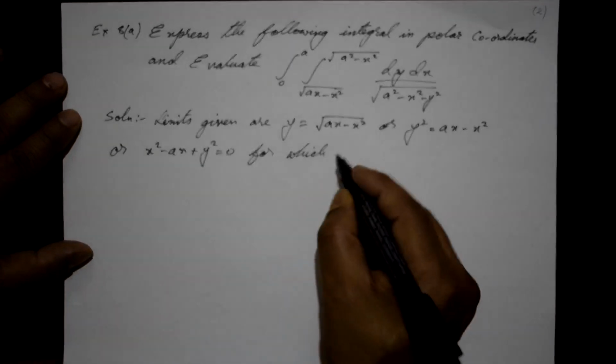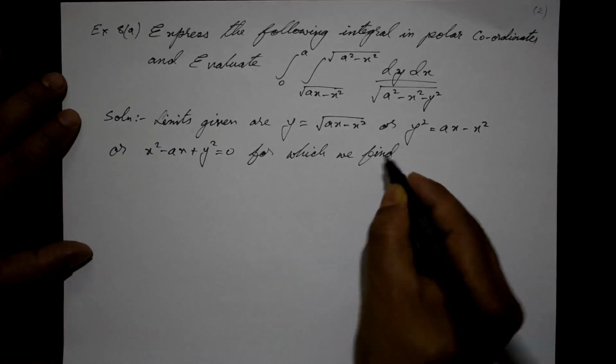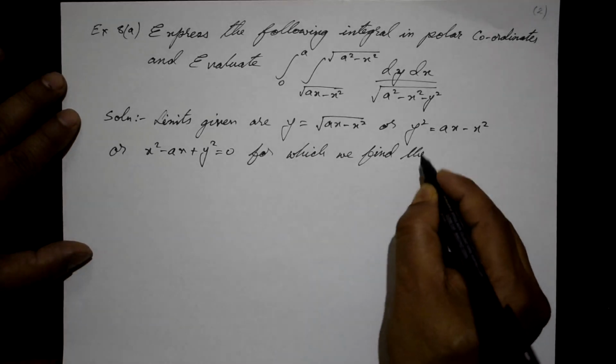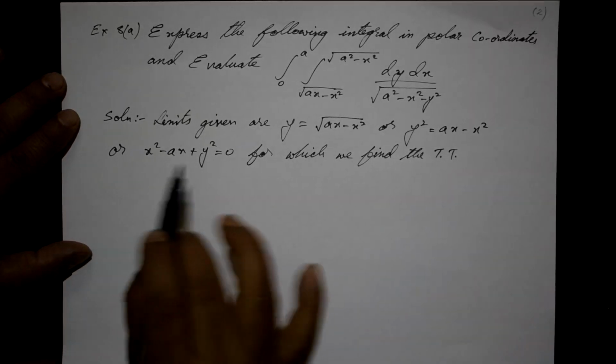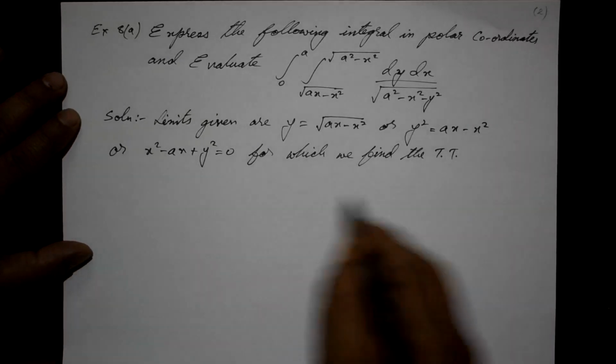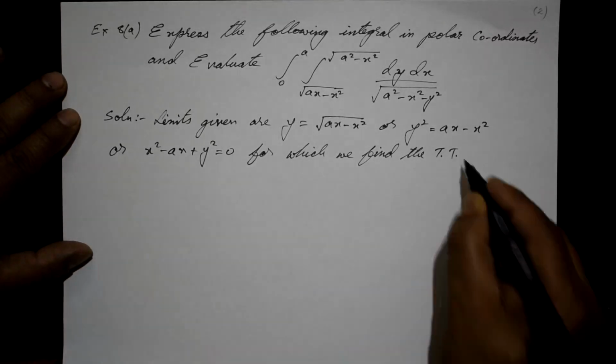For which we find the third term. So we have got the second term only, we don't have the third term.